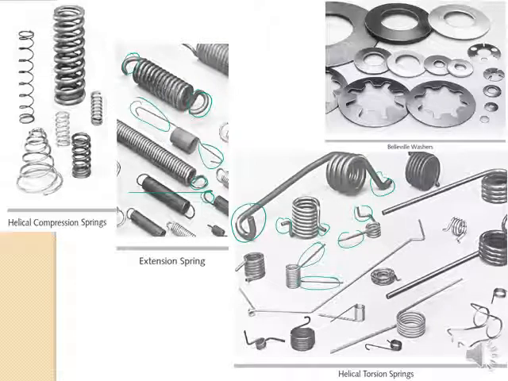And you can see all of these. This is an end. This is actually the spring. And this is another. This all depends on the application, where you would like to use it and how you would like to define it. And these are the different types of bilevel washers which are used to make the bilevel springs.